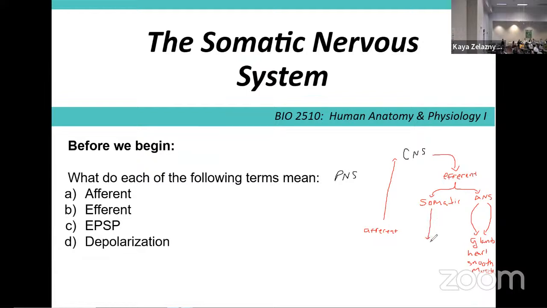Our effector organs are our muscles, specifically our skeletal muscle, the muscle that attaches to your skeleton. All the named ones that you've been learning in lab would be somatically innervated skeletal muscle.